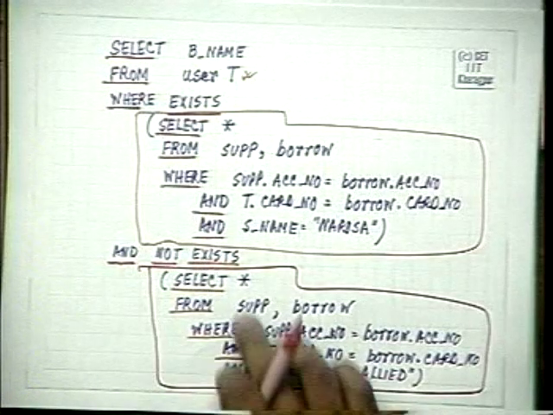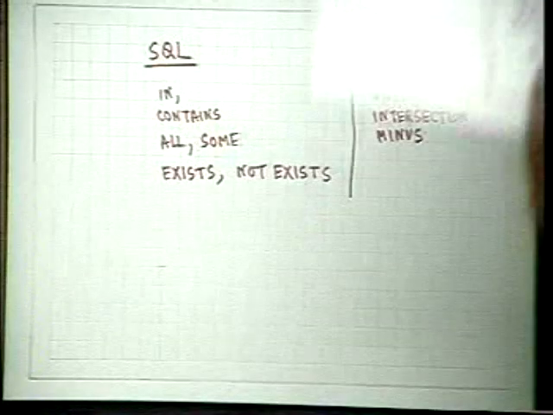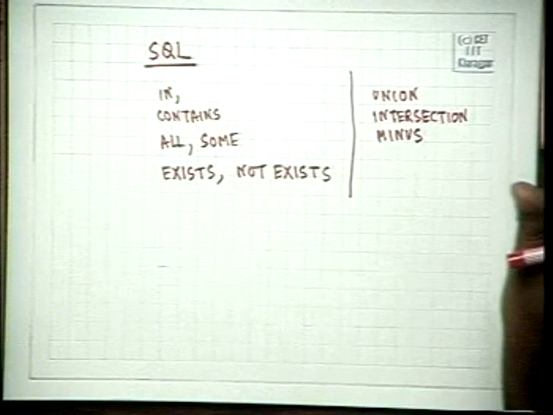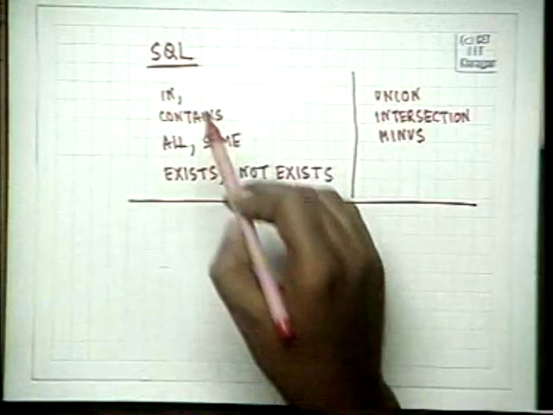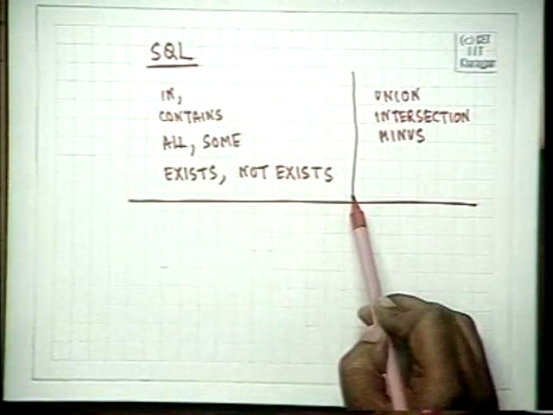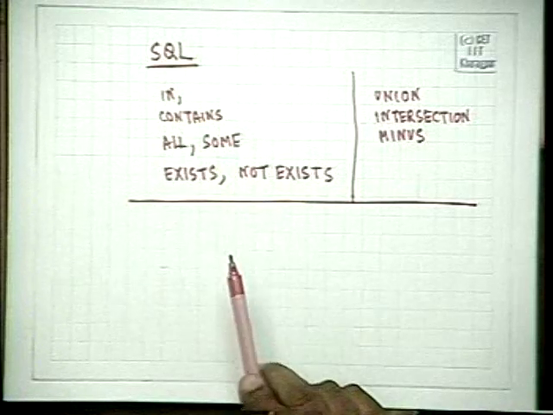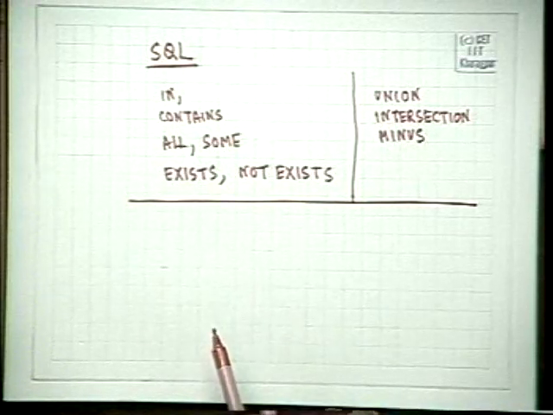This style is like relational calculus, whereas the other style which we used is like relational algebra. It mixes up both, and that is why it is quite a favorite among users. There are other languages of which QBE is totally different. We hope to see QBE later. But SQL, as we have seen till now, provides a lot of additional constructs so that queries can be written in a simpler fashion.